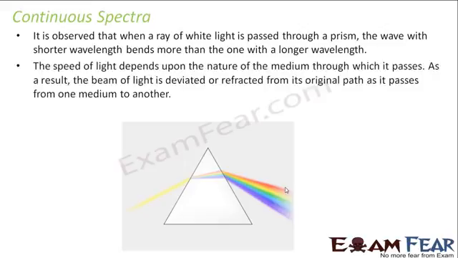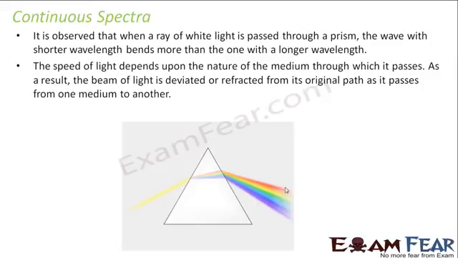Why this spectrum happens, that we already know, right? Because white light consists of many different colors and each of these colors has a specific wavelength. Now, each wavelength, when it passes through the prism, gets deviated at a different angle. The speed of light depends upon the nature of the medium through which it passes.